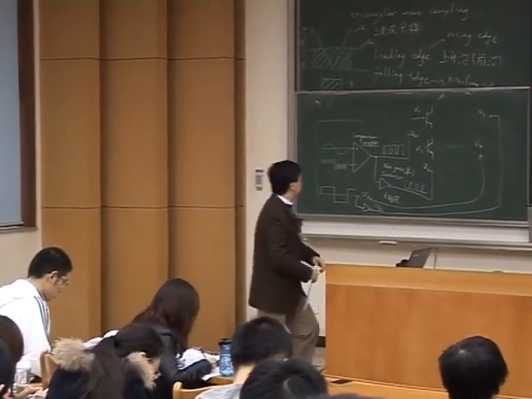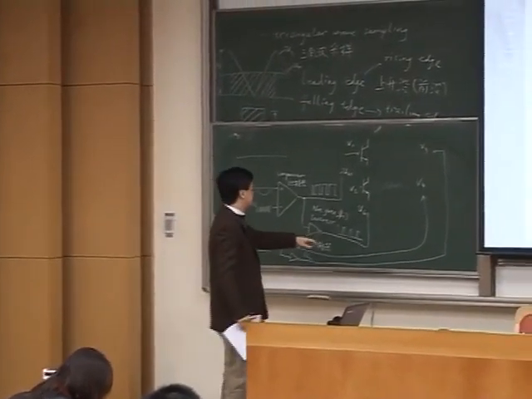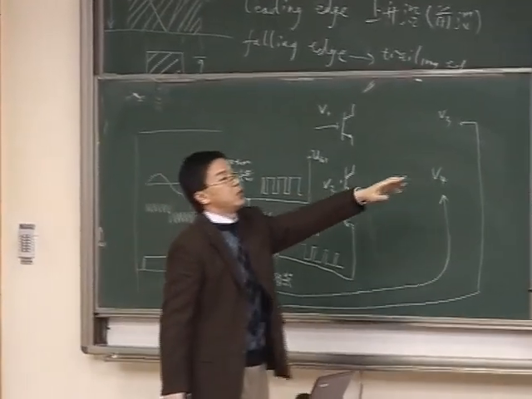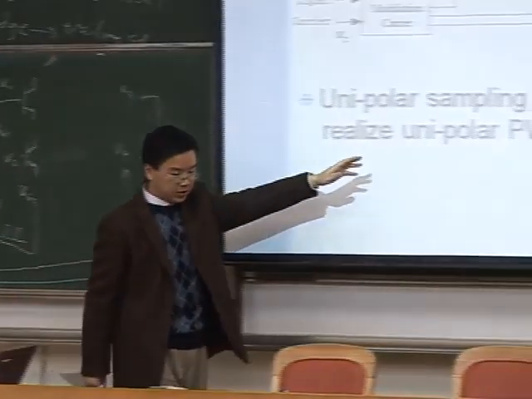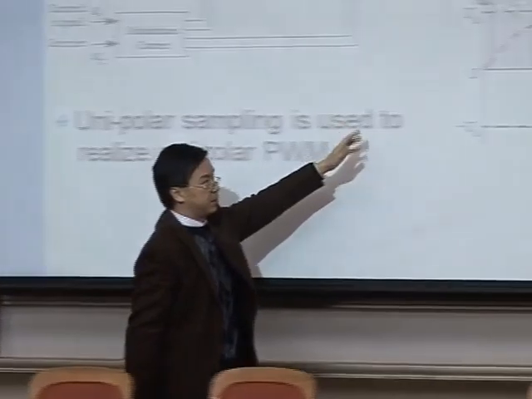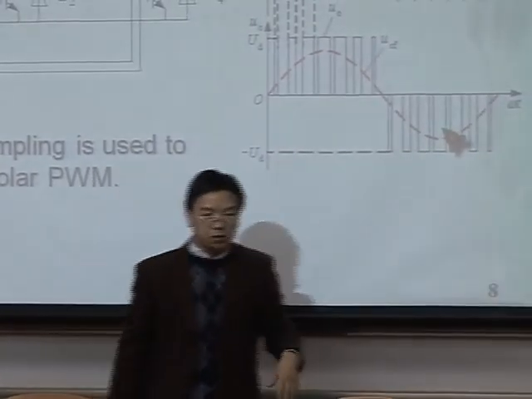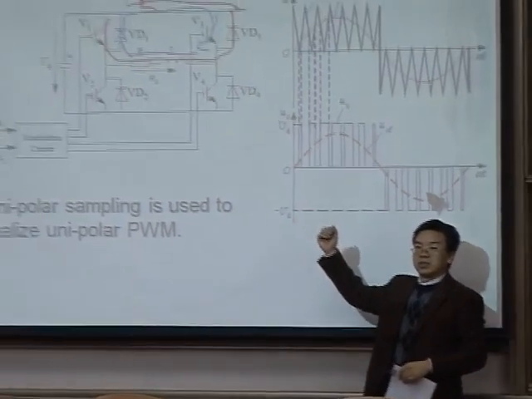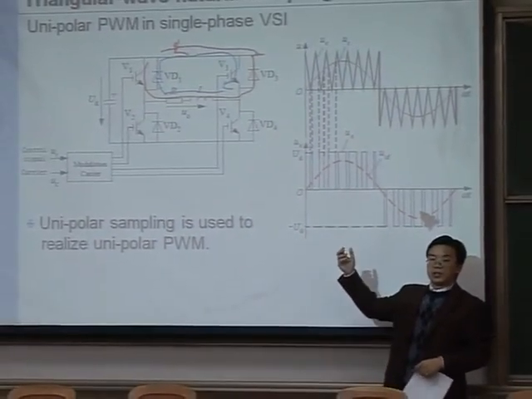So what is the bad thing about this is, let's say for half cycle of the output voltage, V4 or V3 is always turned on or turned off.